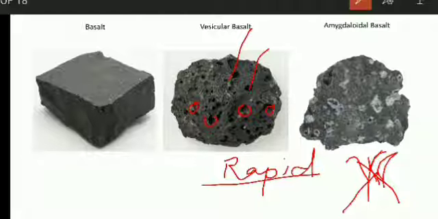These cavities we call vesicles, and the rock is called vesicular basalt. And when these vesicles get filled with secondary minerals, they resemble the shape of almonds, so we call it amygdaloidal basalt. So these are the varieties of basalts, vesicular and amygdaloidal basalt.